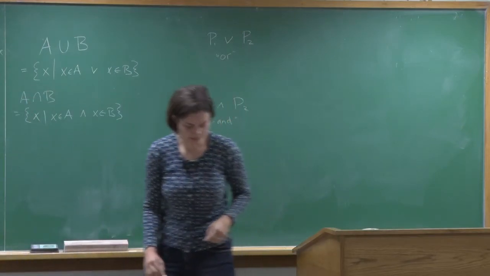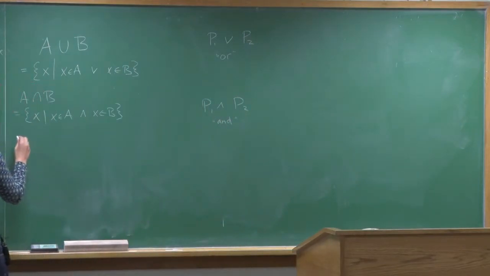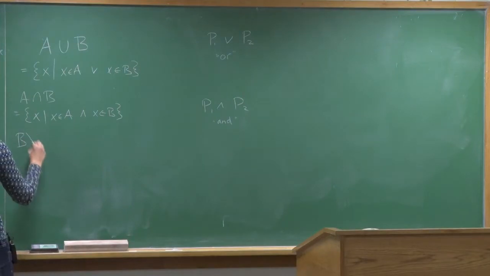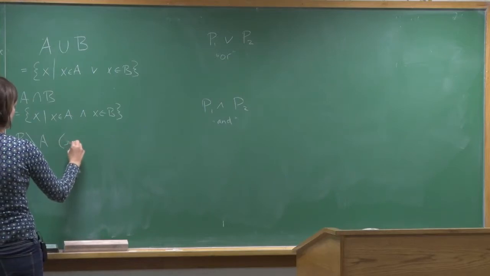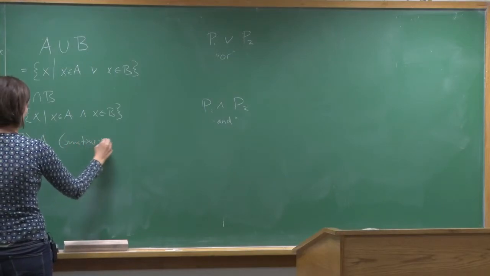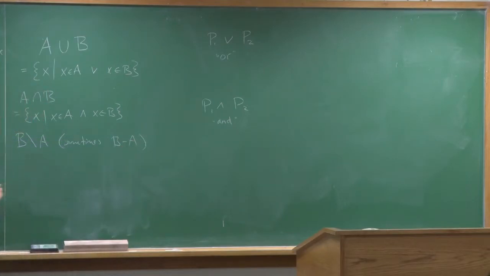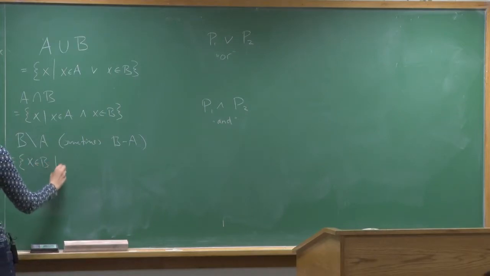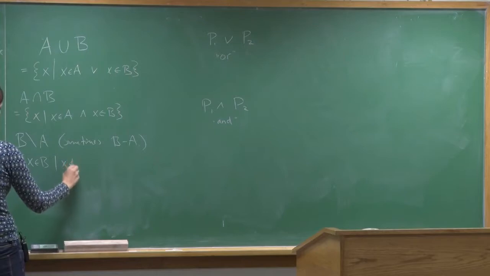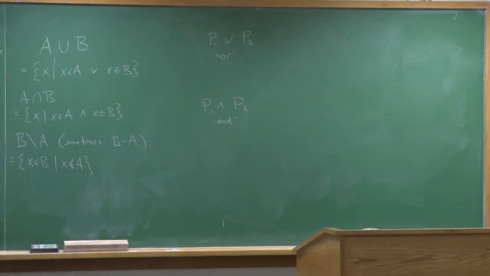We also have set difference, which is sometimes written as B minus A. And that's all the elements in B that are not in A. So we remove everything from B that's in A.